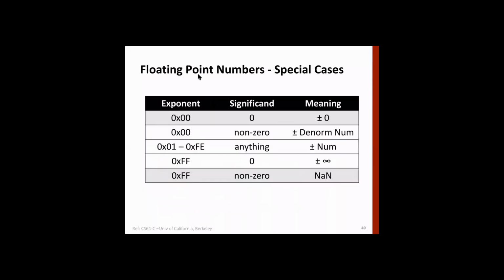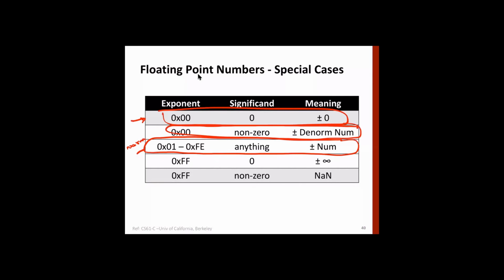So what are the cases that we have discussed? Most of the time we are going to use the normal ones. Then we represent 0 by all zeros. Then we have denorm numbers, which are between 0 and the closest norm number that we can represent, so values in between.